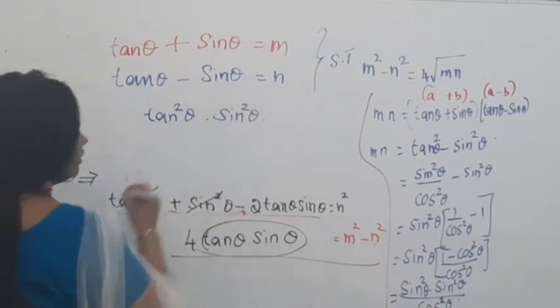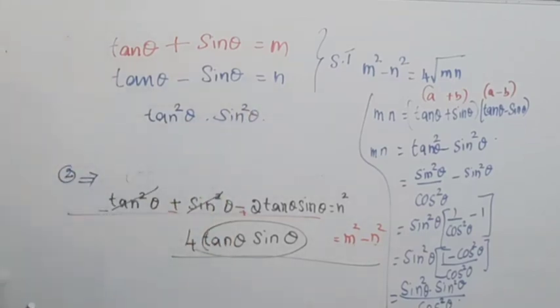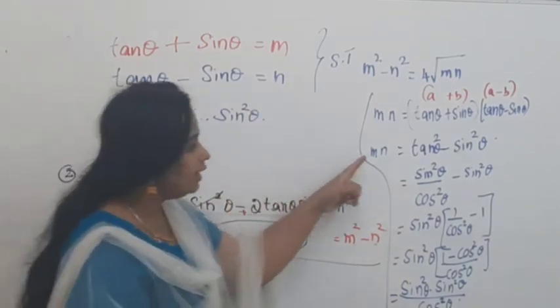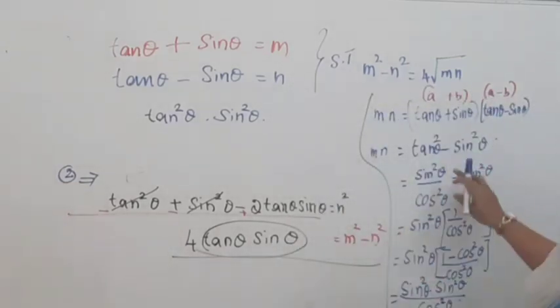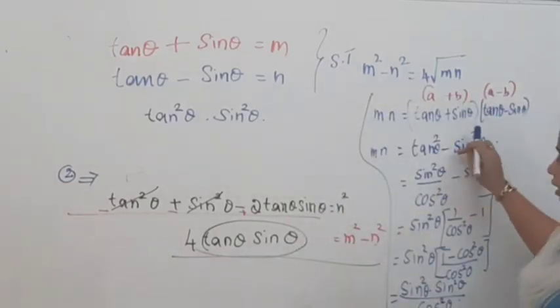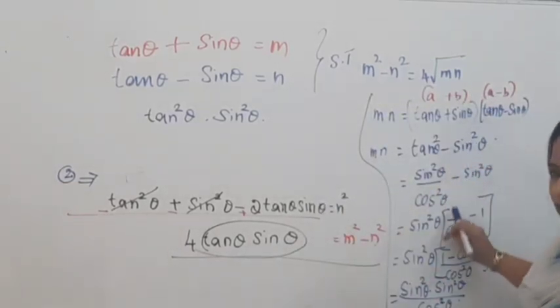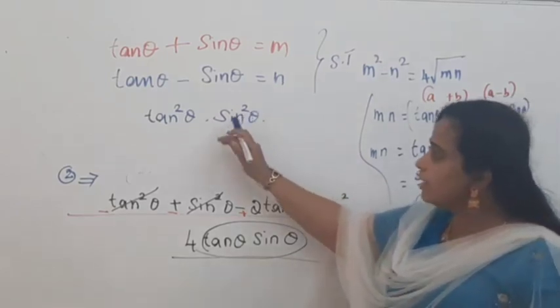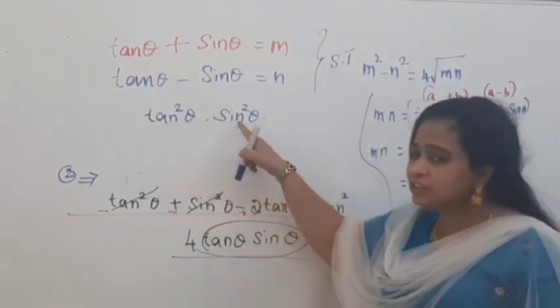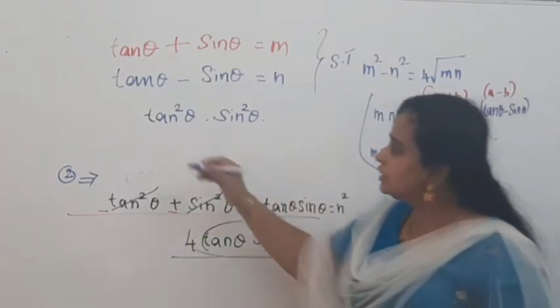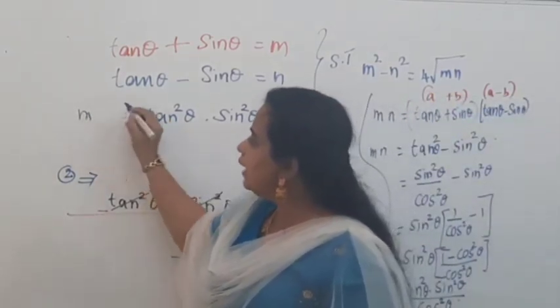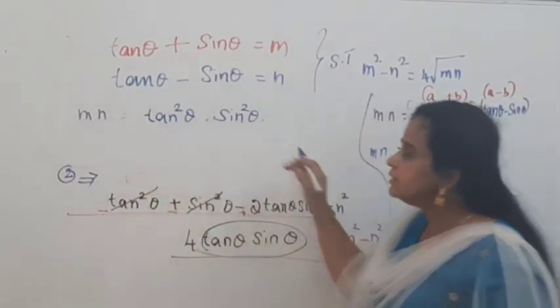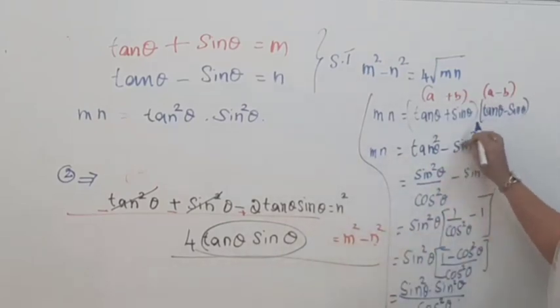You just see here the difference: mn is tan square theta minus sin square theta, and just by substituting my ratios, I brought it to the same as tan square theta into sin square theta, which is equal to my mn. Here is the hint: the minus you have to bring.